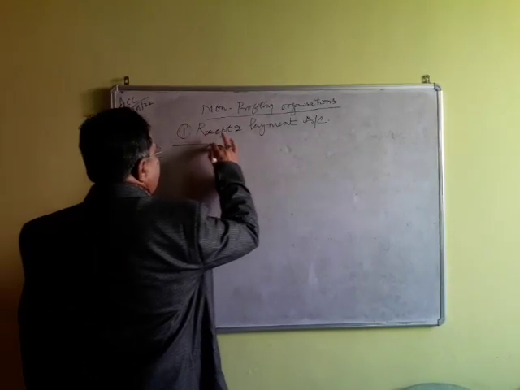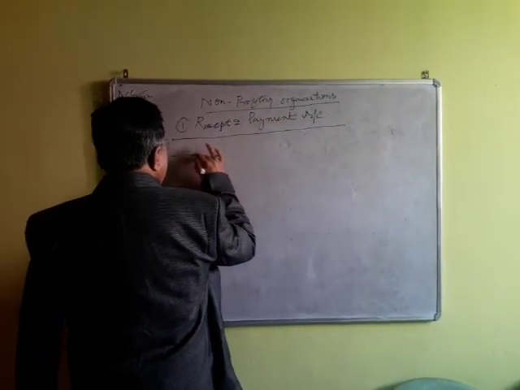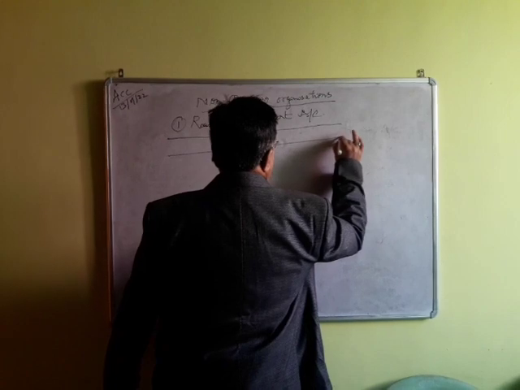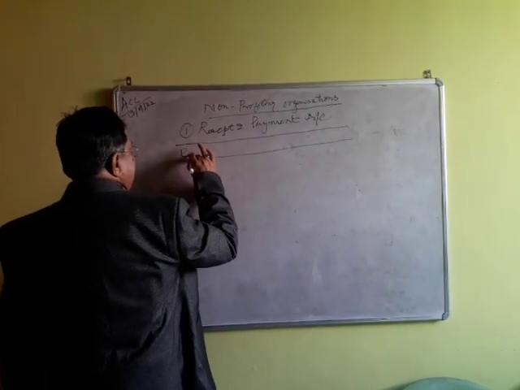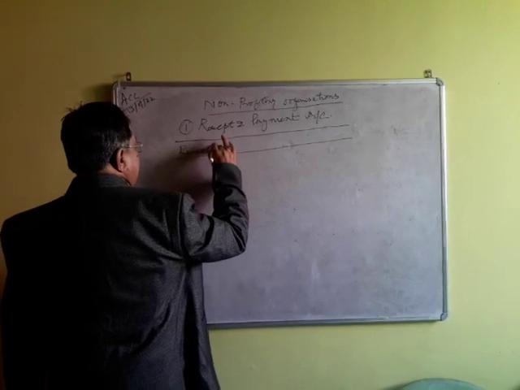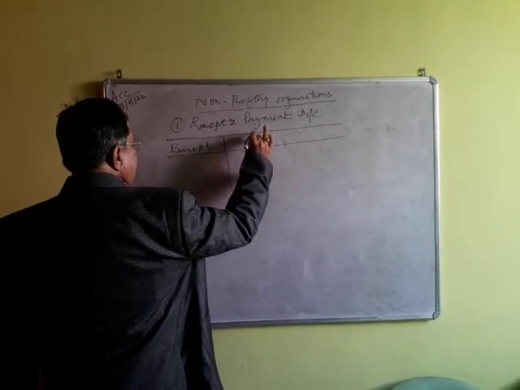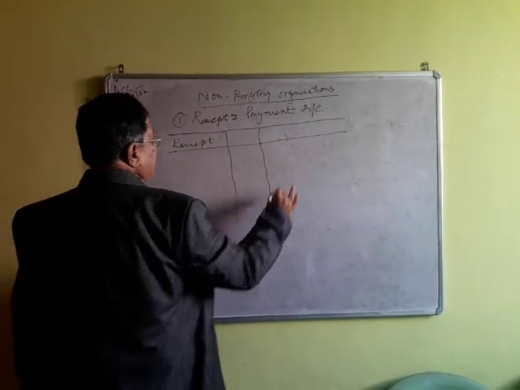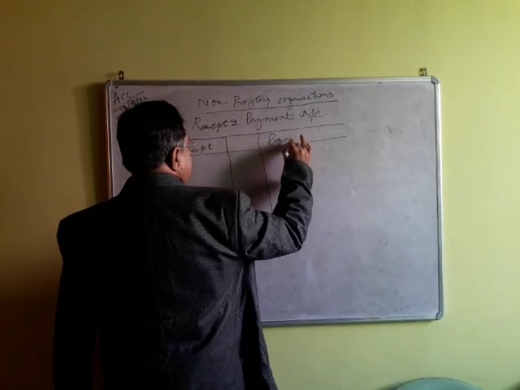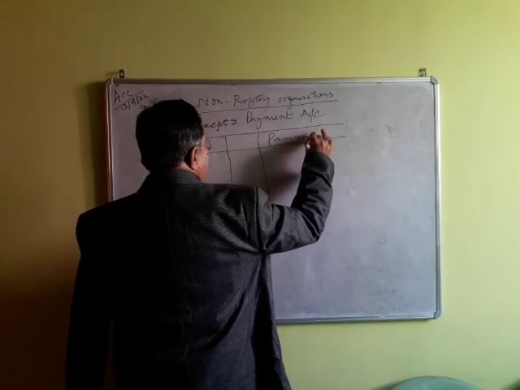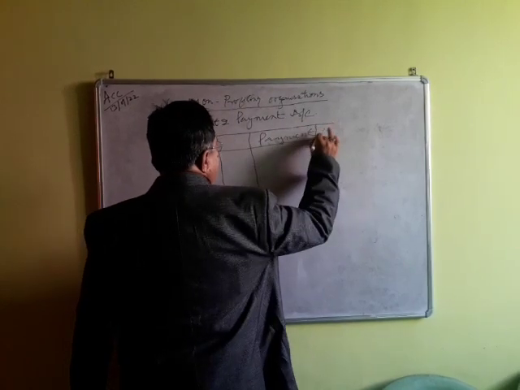Like this we will prepare the columns: receipt, amount for the receipts, then payment, and amount for the payment.